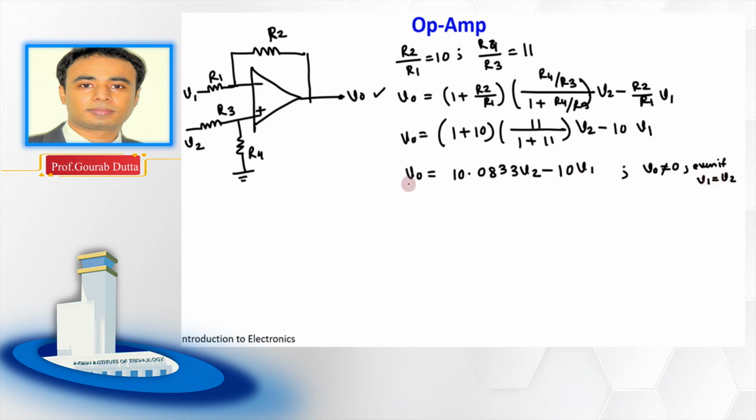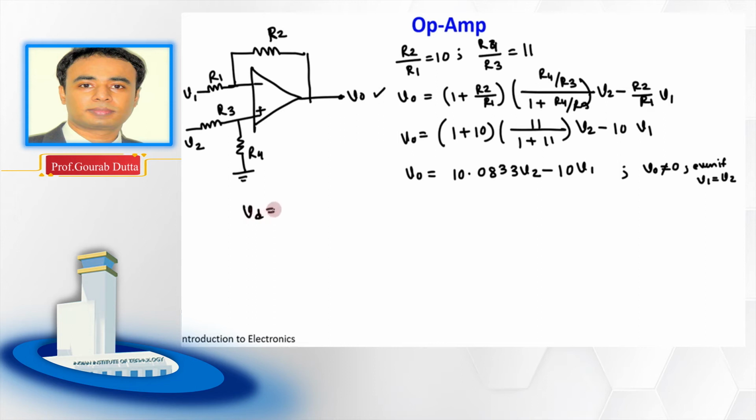That means for this difference amplifier some common mode gain exists. So we need to find that, and we also have to find the CMRR for this particular circuit configuration.